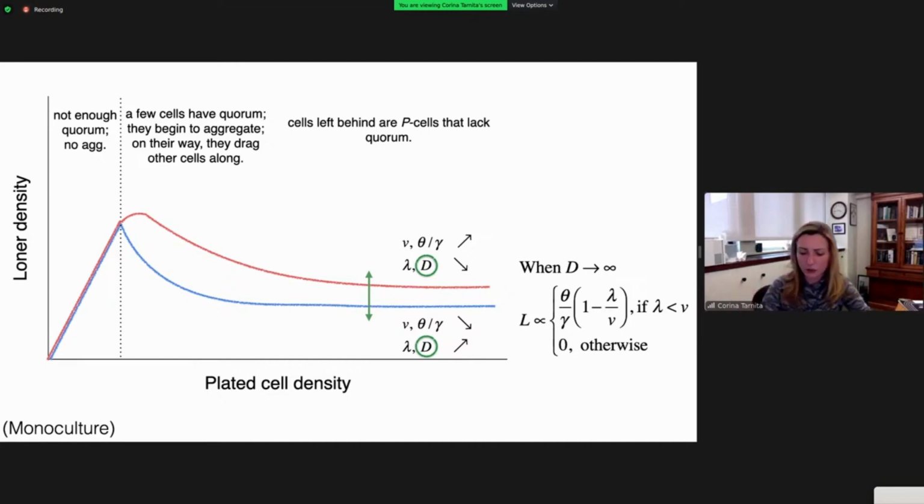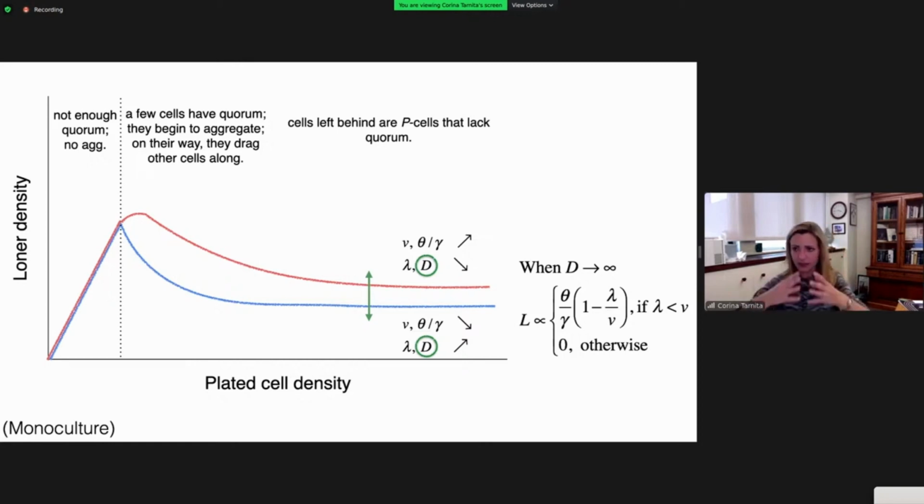And one can go through all of the other parameters, and there's that big expression there. Notice also the dependence on the diffusivity constant. So the prediction here, from the spatially explicit version, is that the higher the diffusivity constant, the fewer loners you should have, and the lower the diffusivity constant, the more loners.